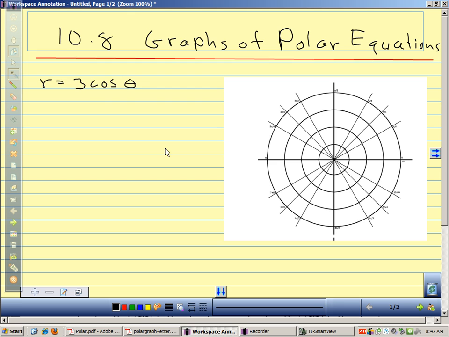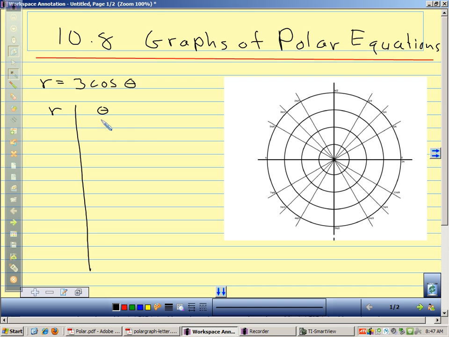So we're going to make a table of values, r and theta. We're just going to plug in a bunch of values for theta and figure out r. We'll start with the easy ones and just start going around the circle.